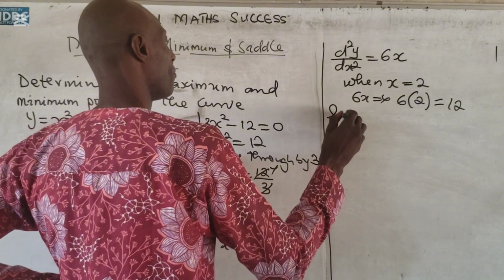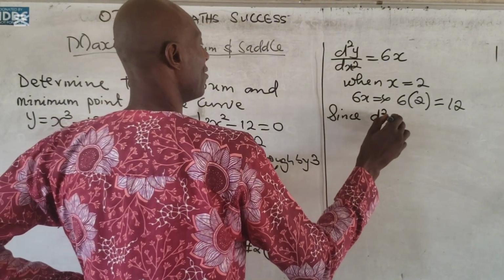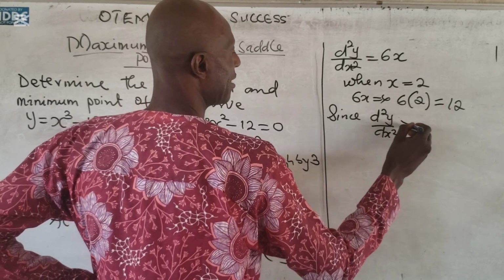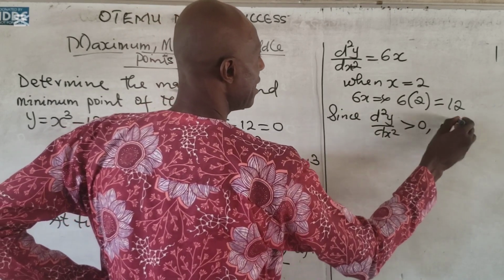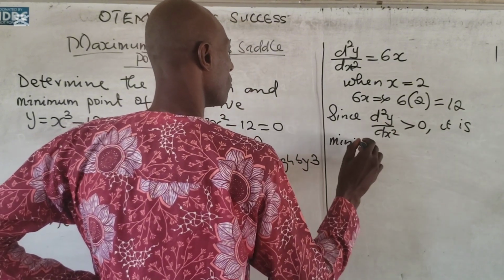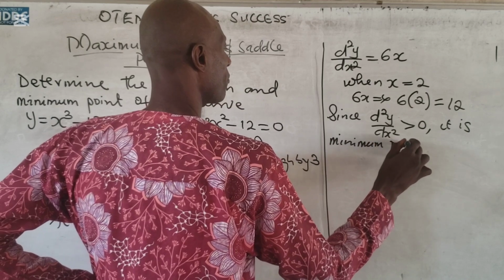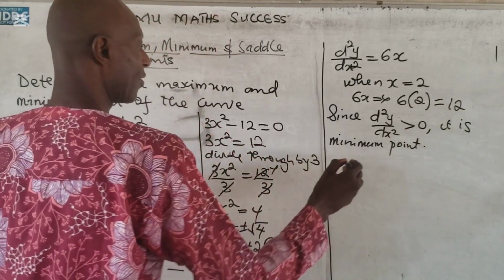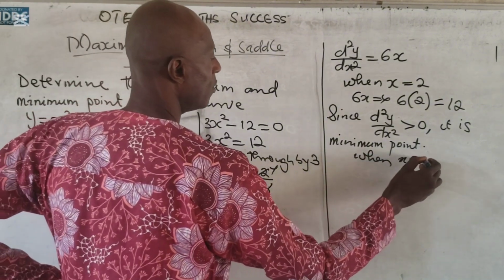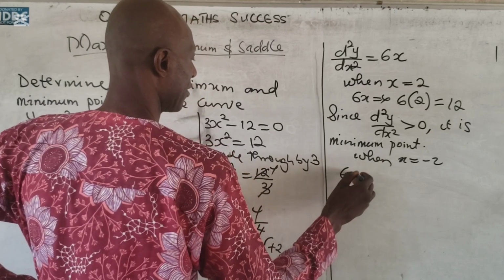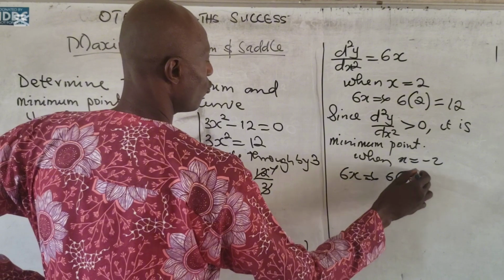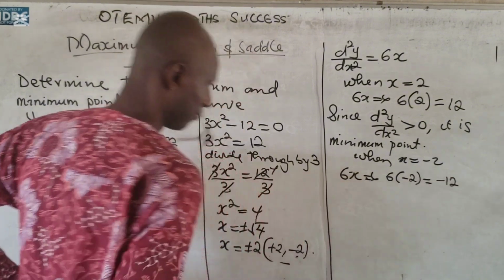Since the second derivative, 12, is greater than 0, it is a minimum point. Now, when x, this time I'm taking minus 2, I'll put it in 6x in the second derivative, which implies 6 bracket minus 2 is minus 12.